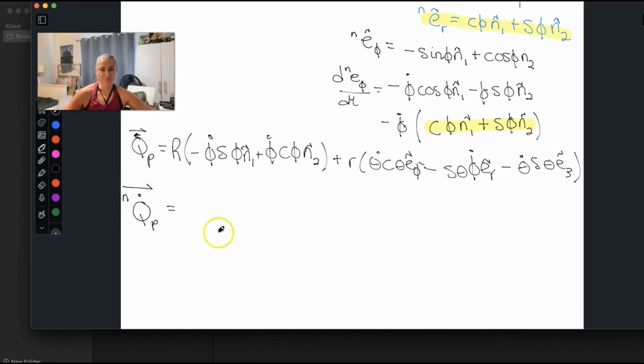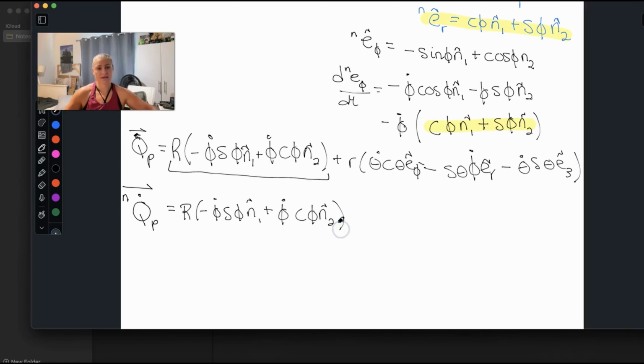The first part, N1 and N2, you're fine. You can bring that right down and it can be part of your answer: negative phi dot sine phi N1 plus phi dot cosine phi N2.